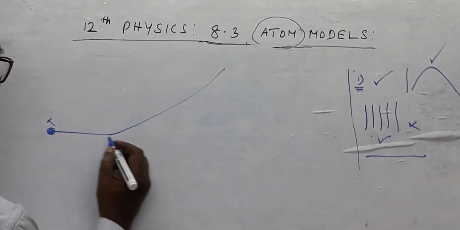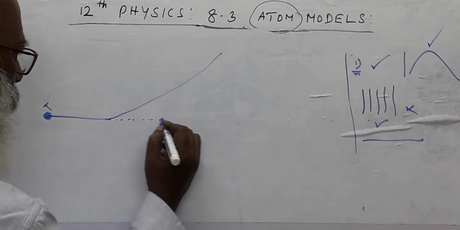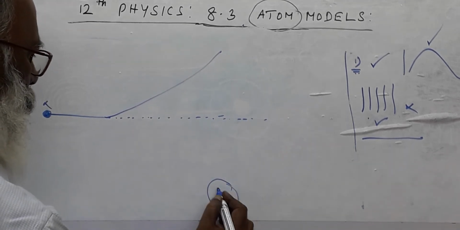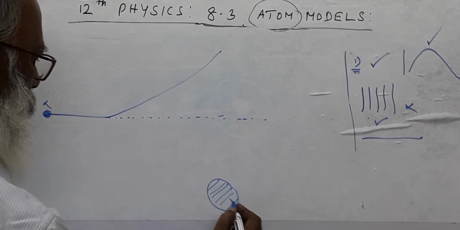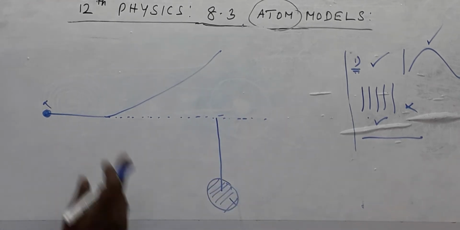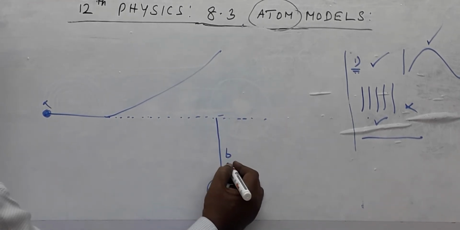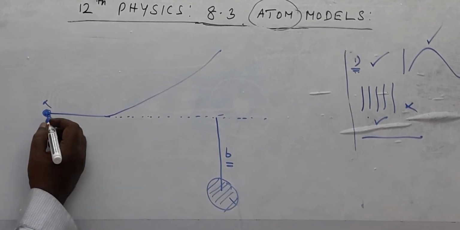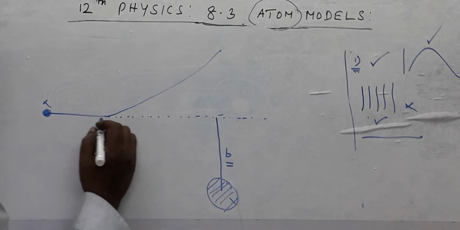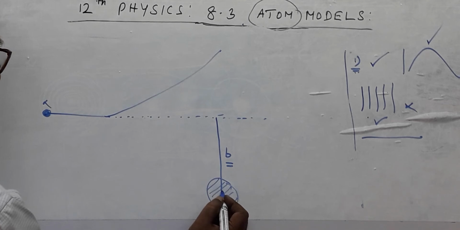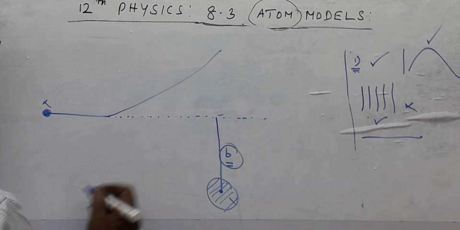If you extend the path in a straight line as shown in the figure, and consider the nucleus here, then the perpendicular distance, called b, is the impact parameter. That means if you extend the alpha particle ray in a straight line, the perpendicular distance between the extension and the center of the nucleus is called the impact parameter.